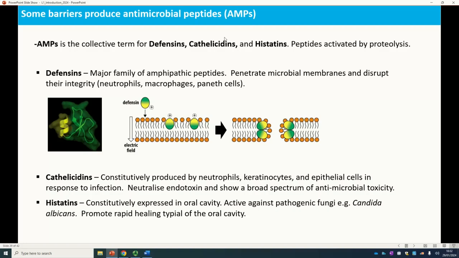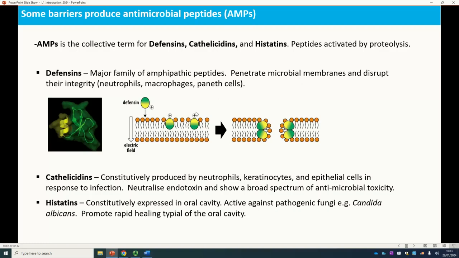If we look now at antimicrobial peptides, so these are known as AMPs, and this is kind of an umbrella term for defensins, cathelicidins, and histatins. And these are activated by proteolysis. But they all have their own unique function. So the defensins play a really good role at actually penetrating and breaking into the microbial membranes, and that's what is being shown in this diagram here.